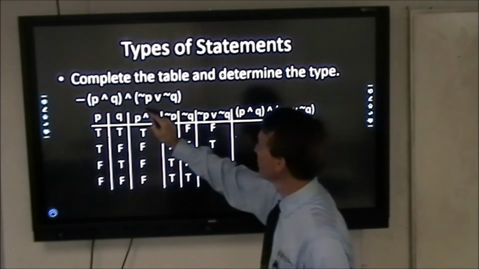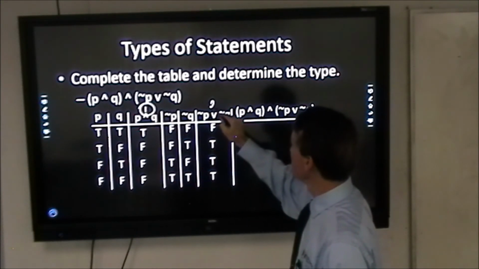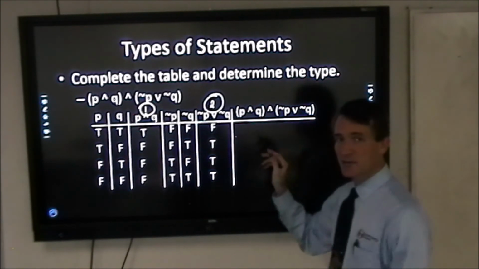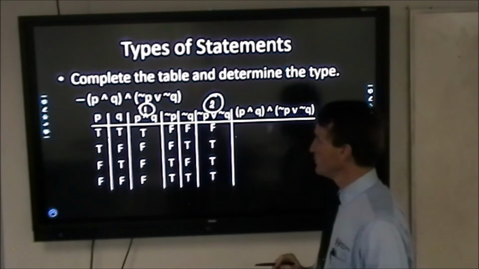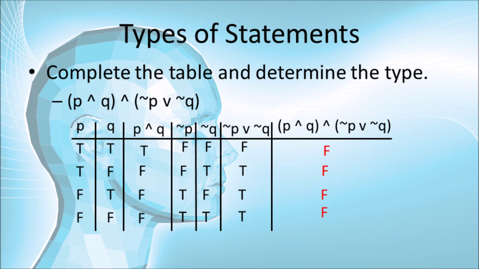So if I take a look at this column right here, let's call this column 1, and this column here, column 2, I'm going to combine those two columns with an AND. So they both have to be true in order for my final outcome to be true. And if you look here, I don't have any of those cases, so they're all false. So what kind of statement is this? This is what we call a self-contradiction.